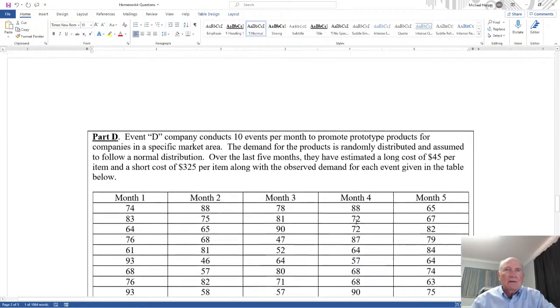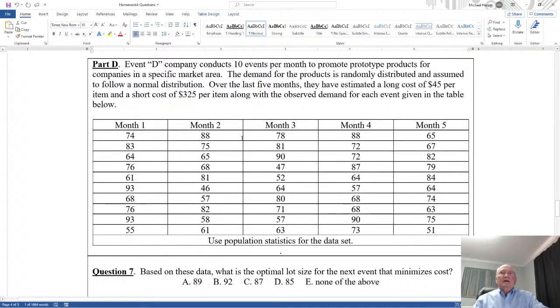Okay, part D. Company D conducts 10 events per month. Okay, we're talking about events, to promote prototype products for companies in a specific area. The demand for the product is randomly distributed and assumed to follow a normal distribution.